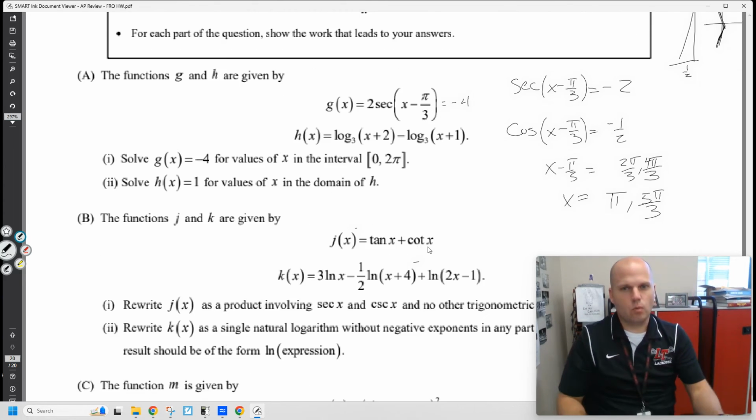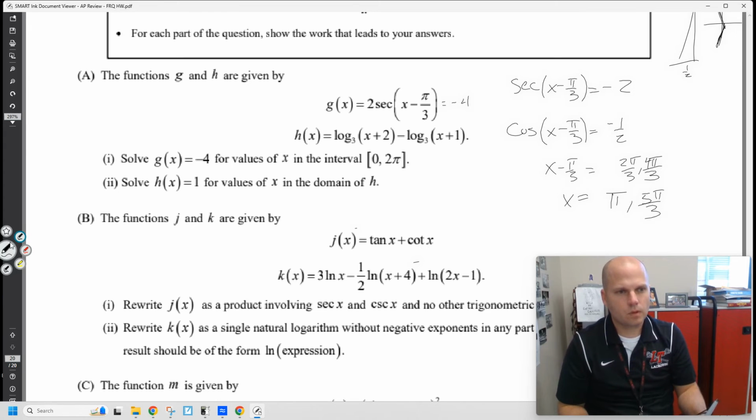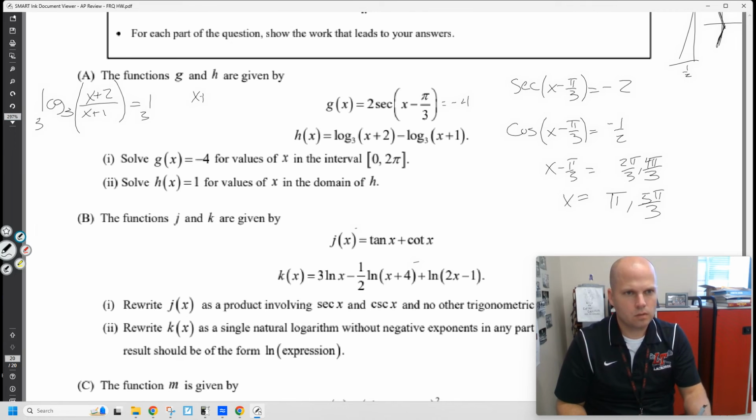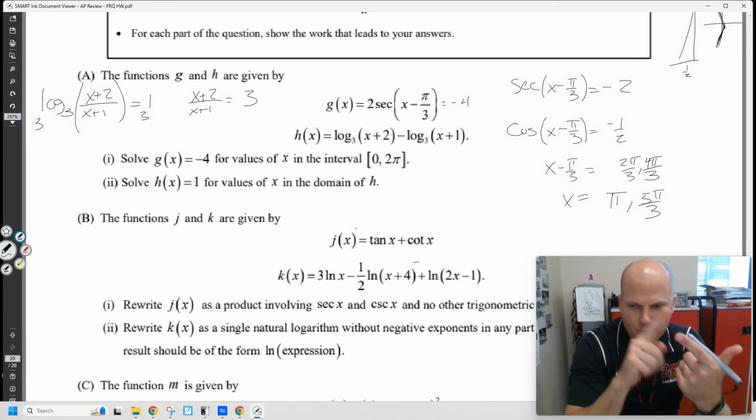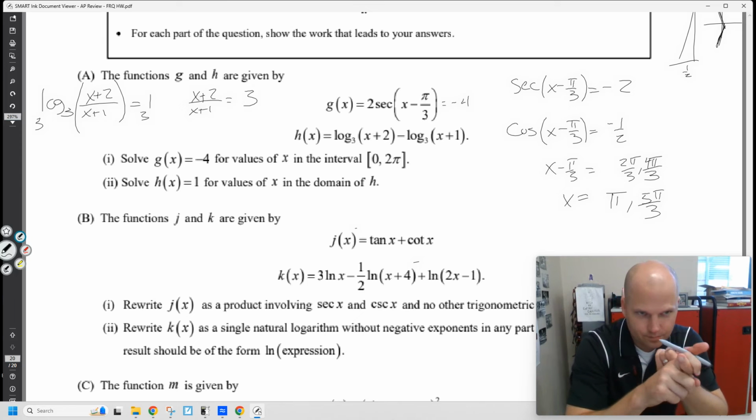When does h equal 1? Log properties. Get rid of the log. If this was an inequality, don't multiply by x plus 1.